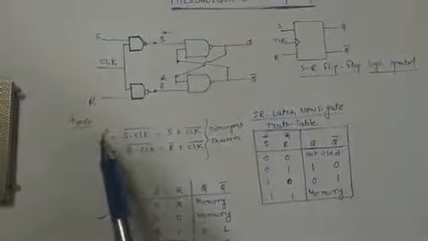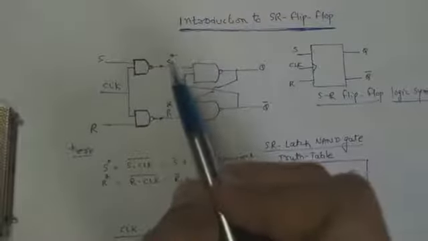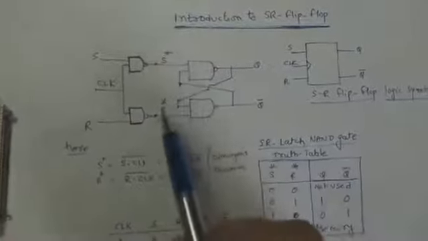That is, this is 0 and this is 0. In that case this will be 1 and this will be 1. When these both are 1, ultimately S star will be 1 and R star will be 1. So coming here, S star is 1, R star is 1.